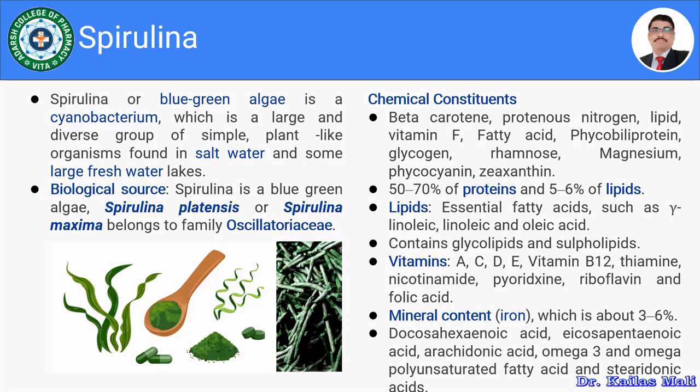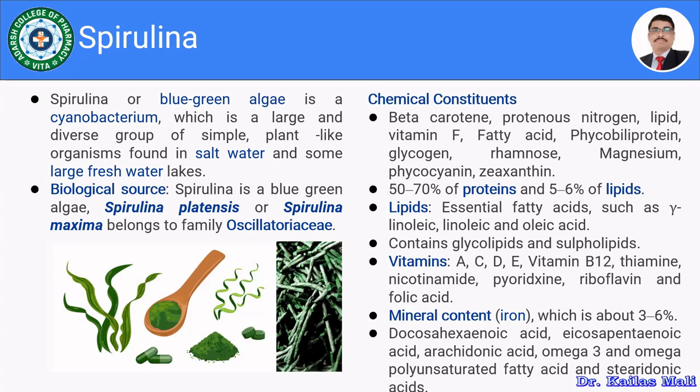The other major things are around 50 to 70% proteins and 5 to 6% lipids. Right? So these are the chemical constituents of spirulina.